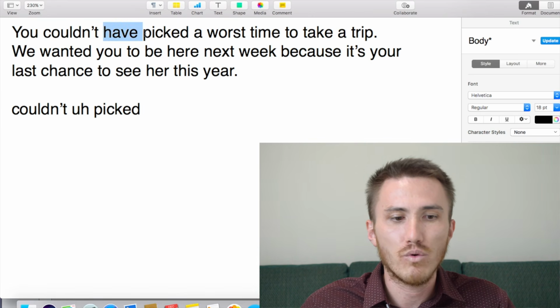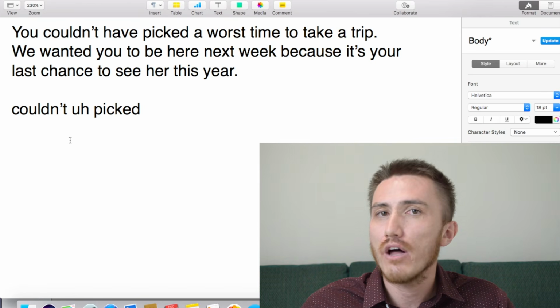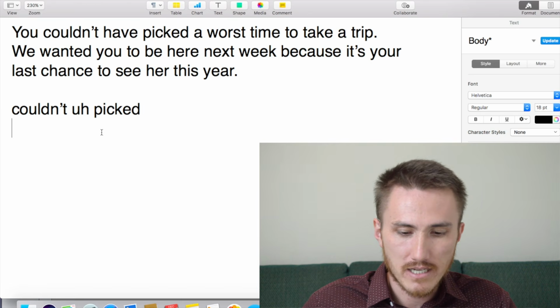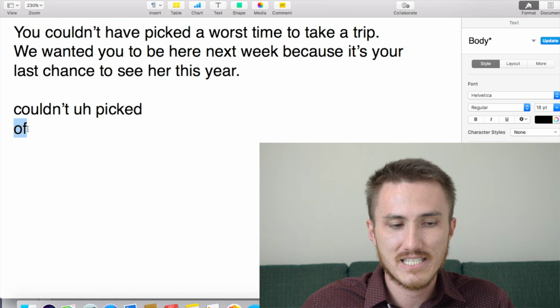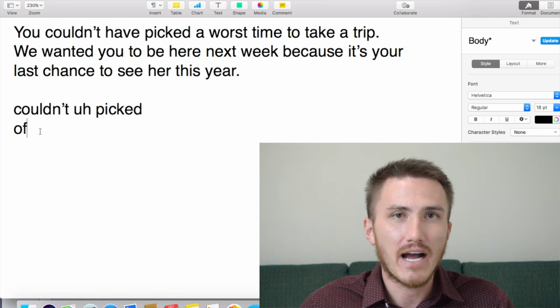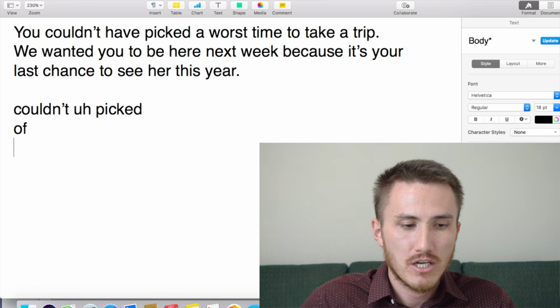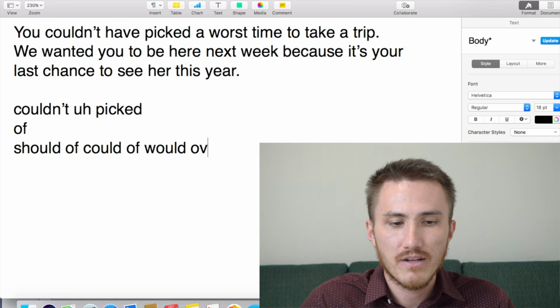This have, when it's an auxiliary verb like this, depending on the phrase, can become reduced oftentimes to a word, or a sound, kind of like the word of. So for example, I should have, I would have, I could have gone, right? It sounds like we're saying should of, could of, would of.